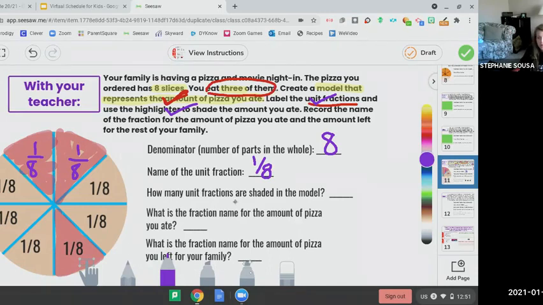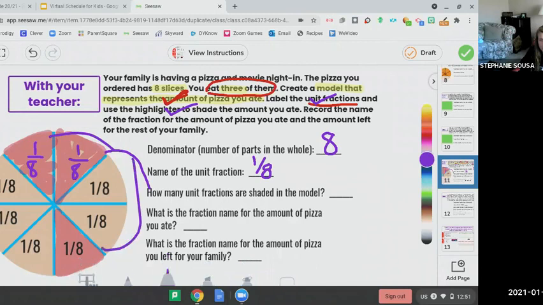How many unit fractions are shaded in the model? There's 1, 2, 3. 3 of the unit fractions are shaded.